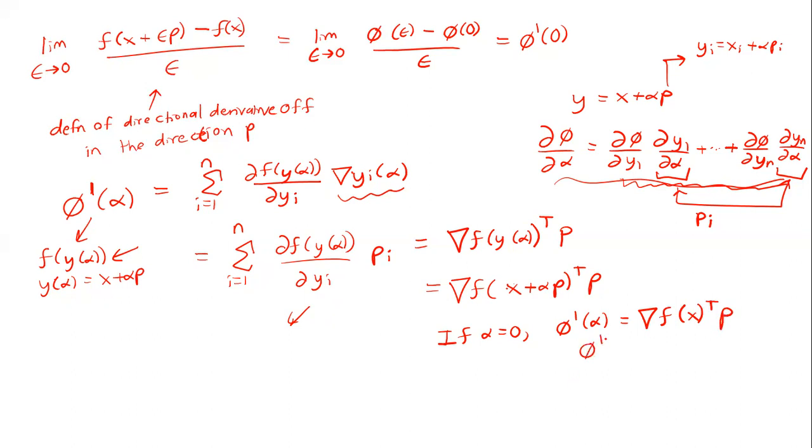Because phi prime for alpha equals 0 is equal to del f of x plus 0 times p transpose p, which would be del f of x transpose p.